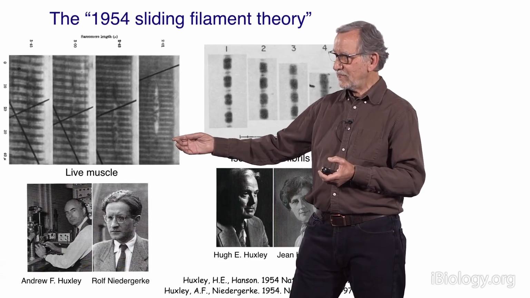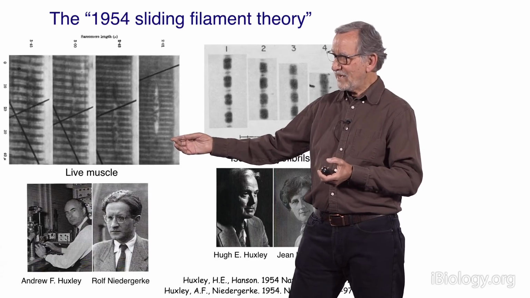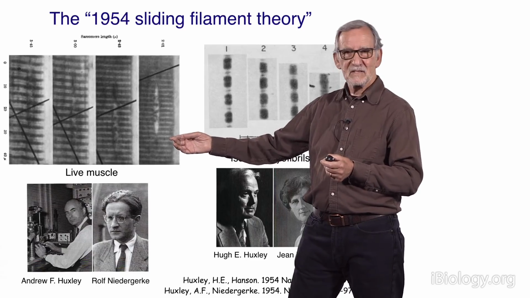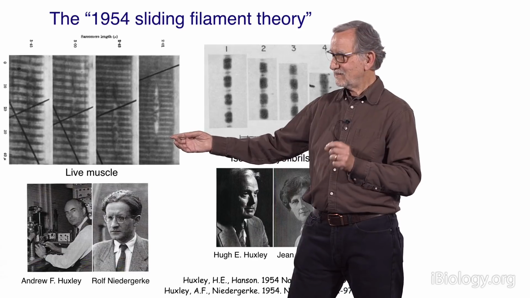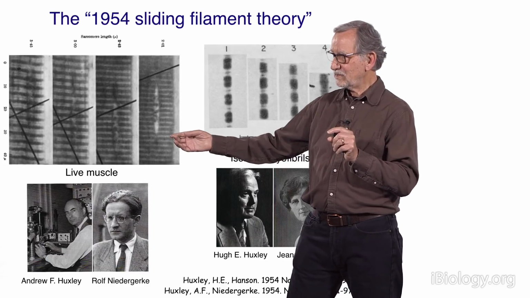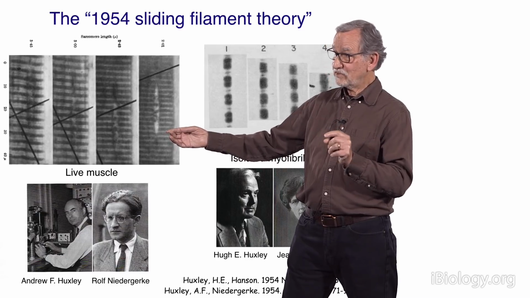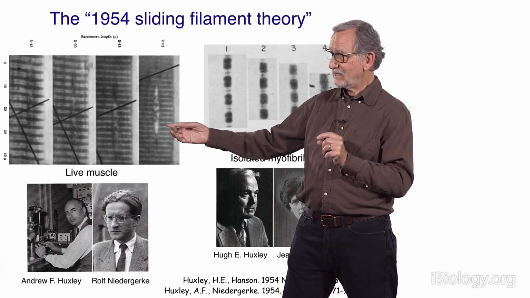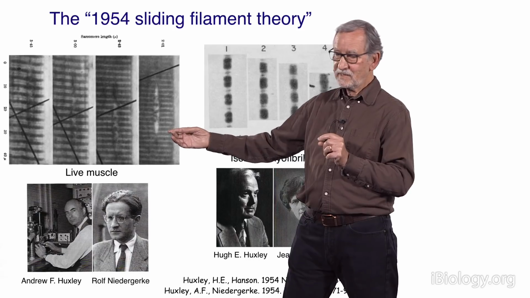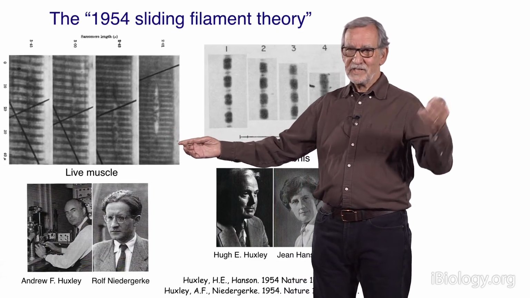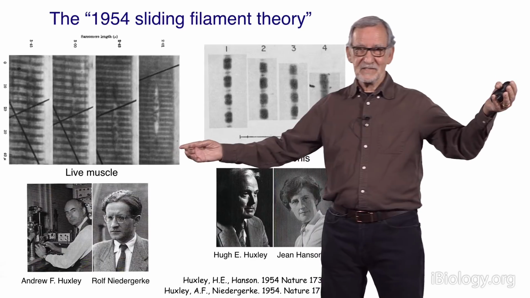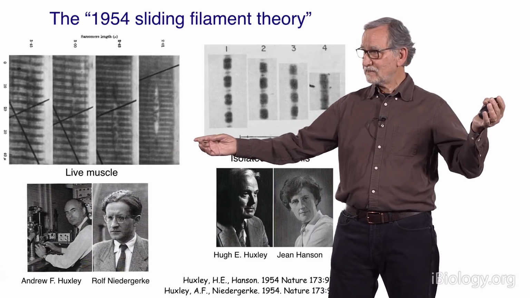And as you can see, the A band, the dark band, doesn't get any smaller, but the I band, the light band, which turns out is where the actin is, gets smaller and smaller. Guess what? We knew this from a paper in 1864 that everybody has forgotten.